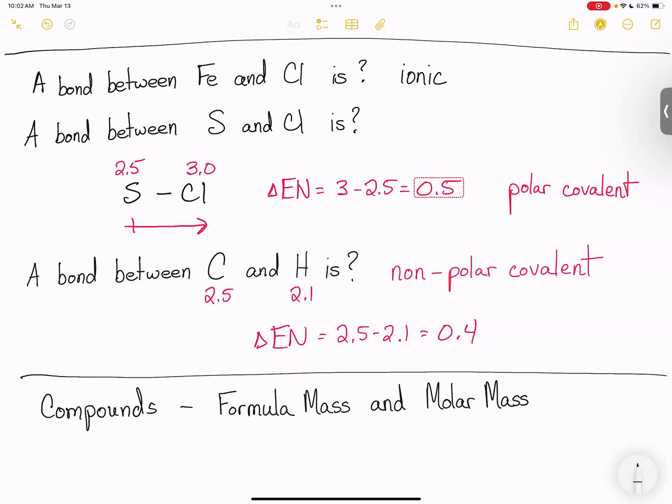There is only one more section that will not require a calculator. Everything else requires a calculator. So from now on, a calculator is a must.